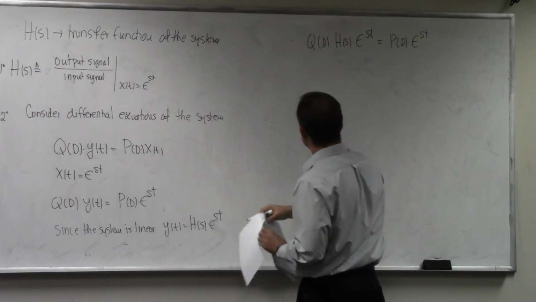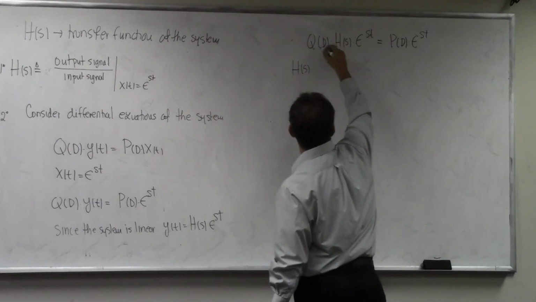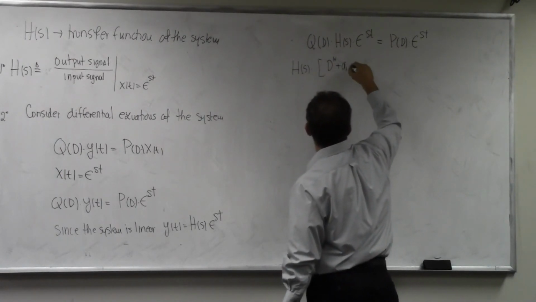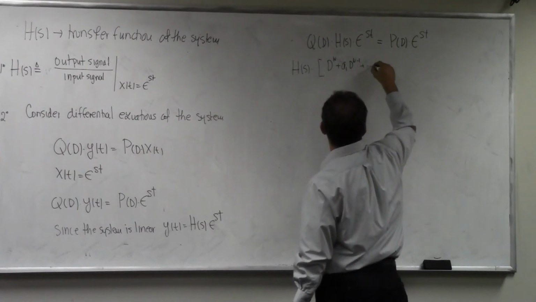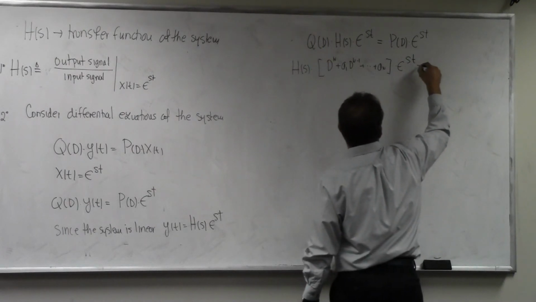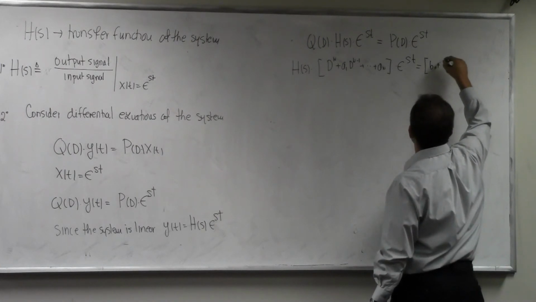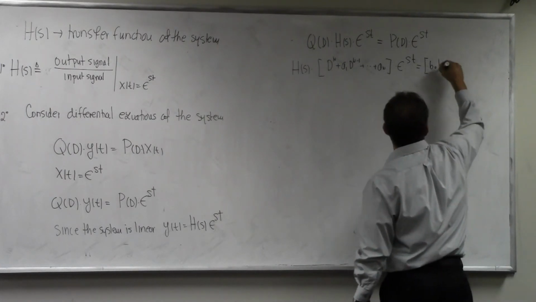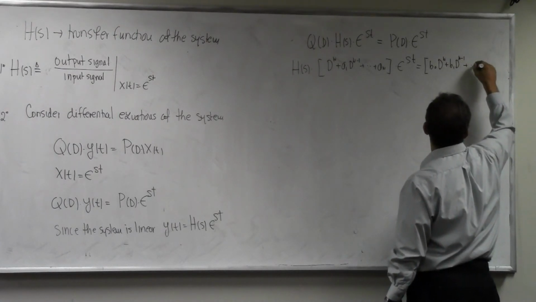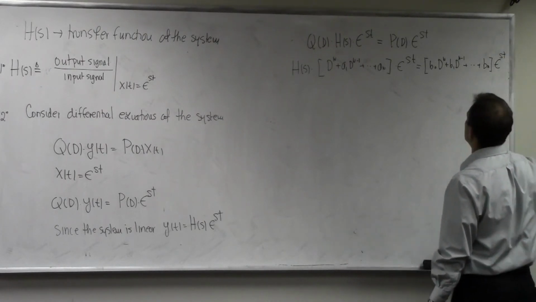So I have H of s times this Q of D, which is D to the n plus a1 D to the n minus 1 plus and so on, an, operating on e to the st. And I have this on the other side: b0 D to the n plus b1 D to the n minus 1 plus and so on plus bn, operating on e to the st.